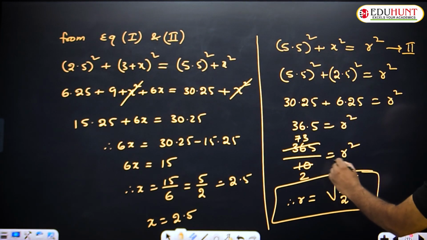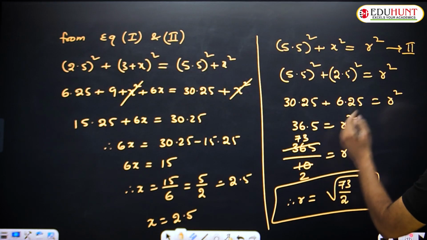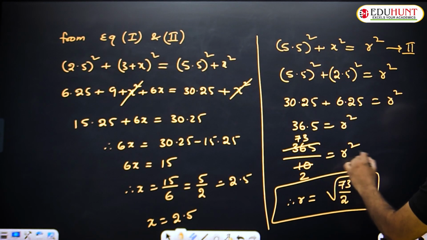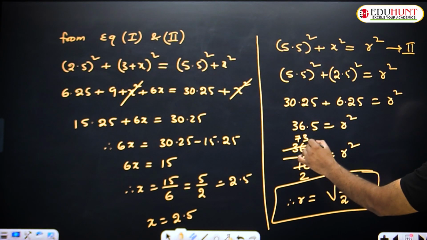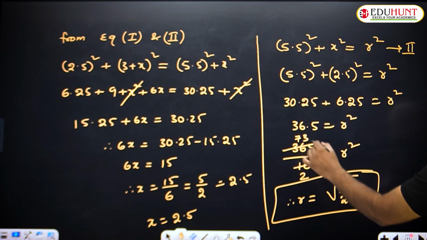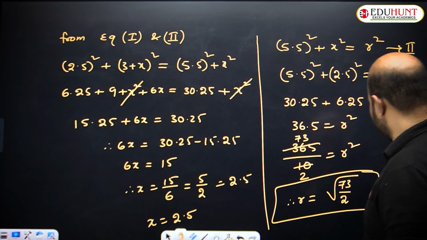How will you get 73 by 2? 36.5 can be written as 365 by 10, so it will give 73 by 2. Therefore r equals root over 73 by 2, which is the radius of the circle.